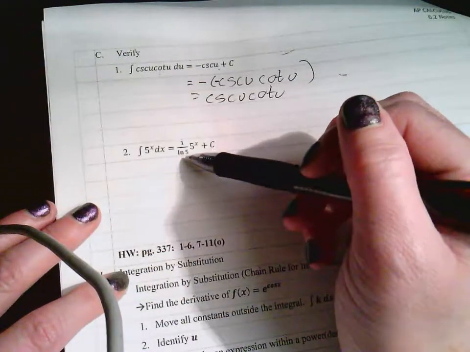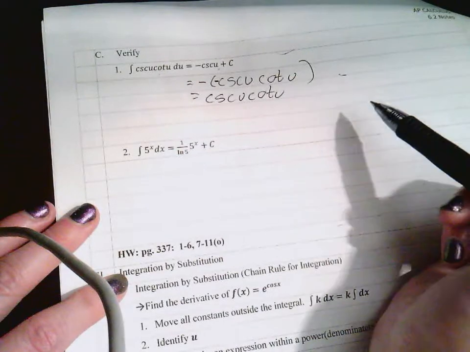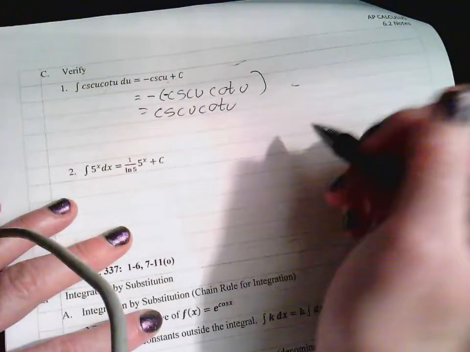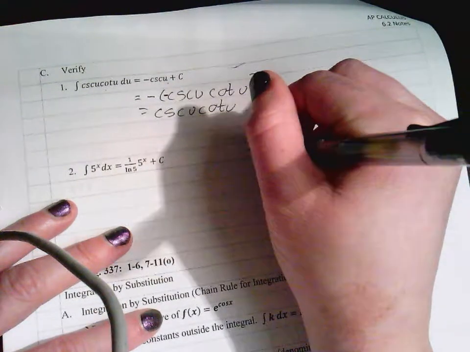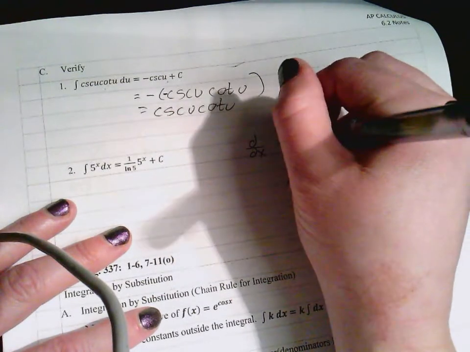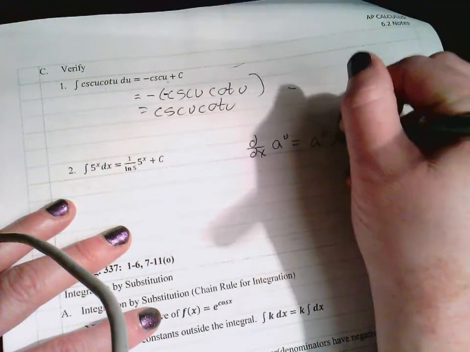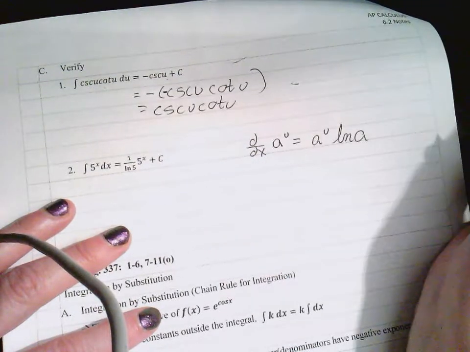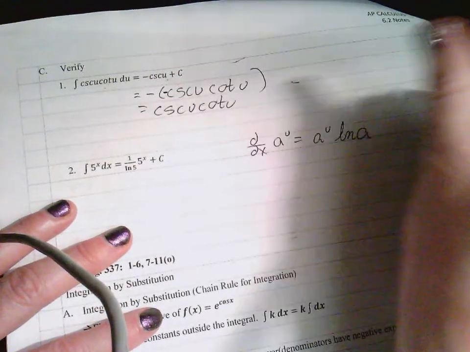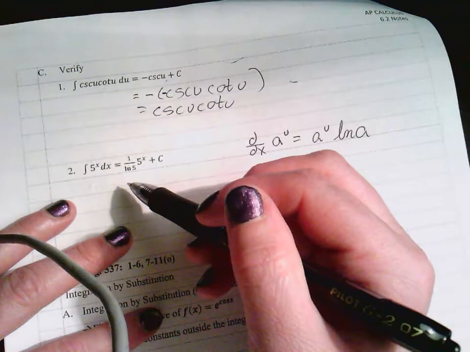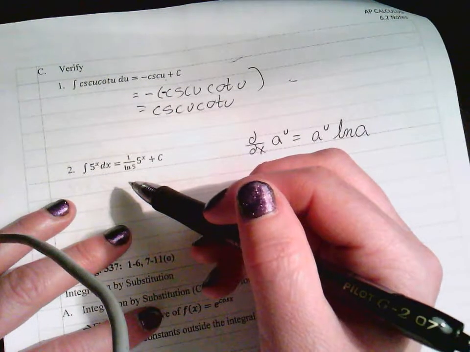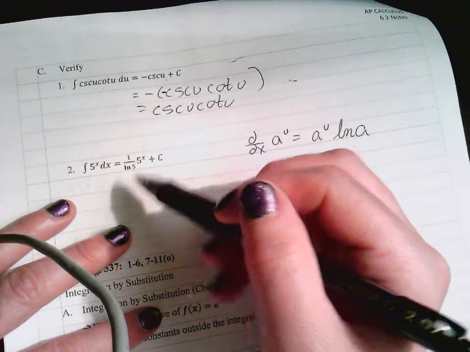How do I do that one? Well, here's a little hint. d over dx of a to the u equals a to the u ln of a. So, to do this one, you're going to find the derivative of this.